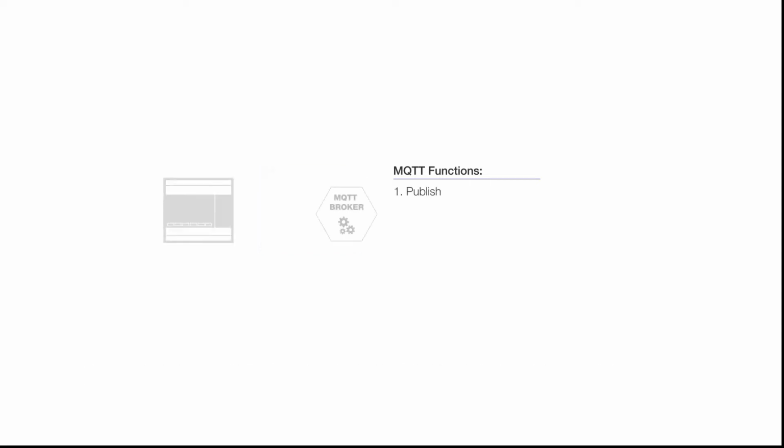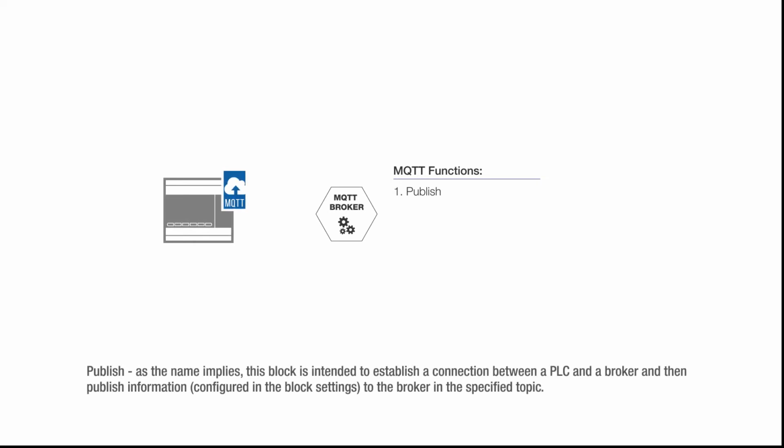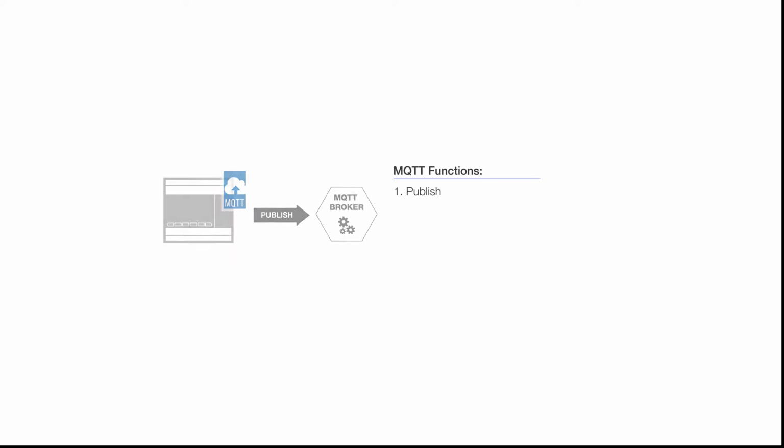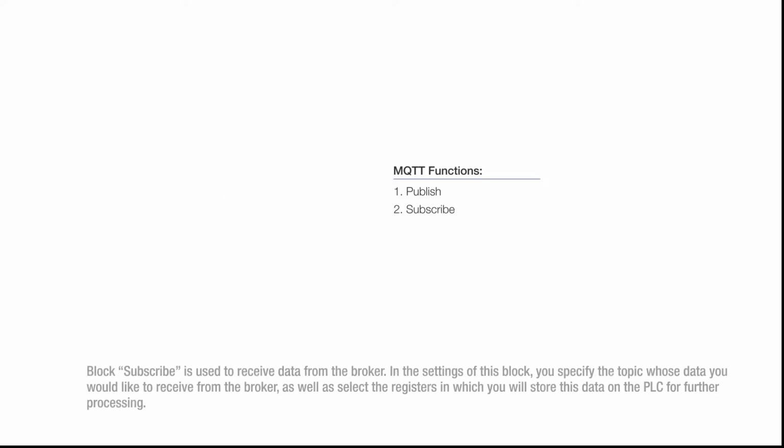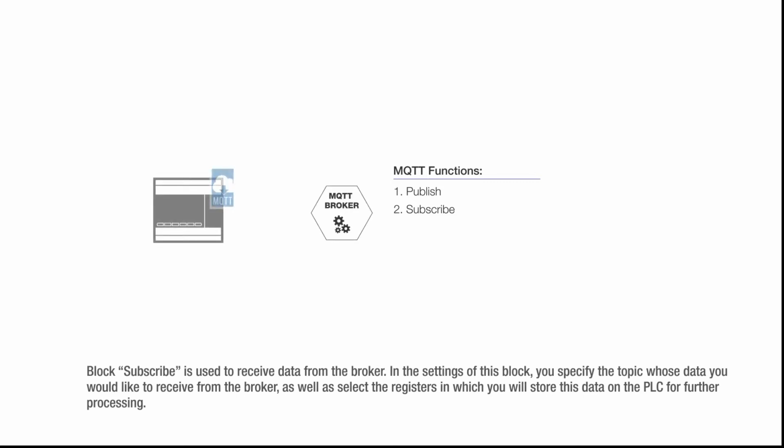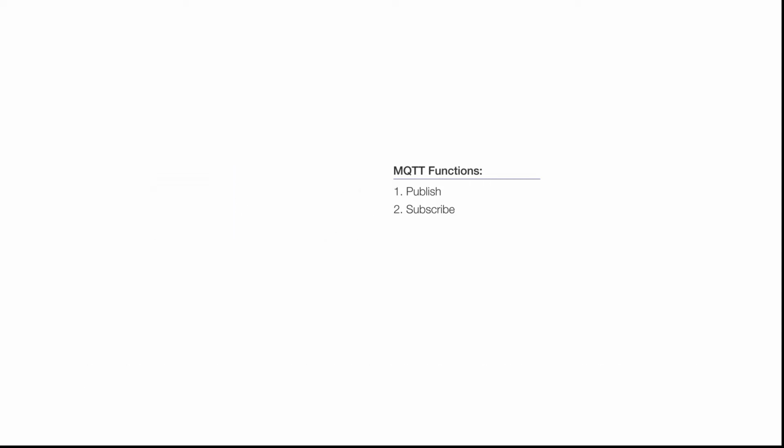Publish: as the name implies, this block is intended to establish a connection between a PLC and a broker, and then publish information configured in the block settings to the broker in the specified topic. Block subscribe is used to receive data from the broker. In the settings of this block, you specify the topic whose data you would like to receive from the broker, as well as select the registers in which you will store this information on the PLC for further processing.